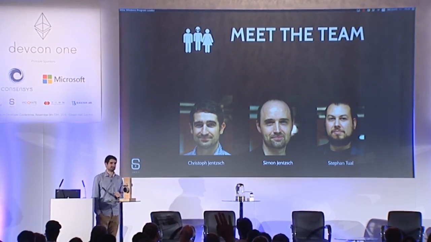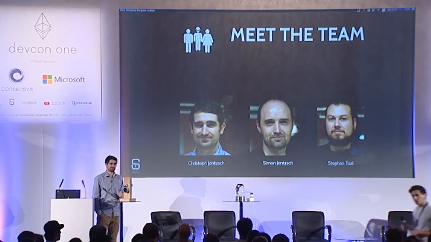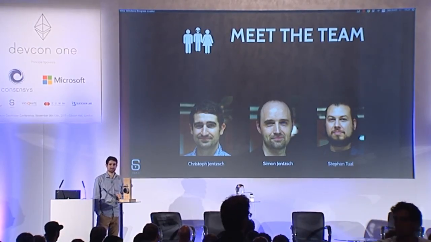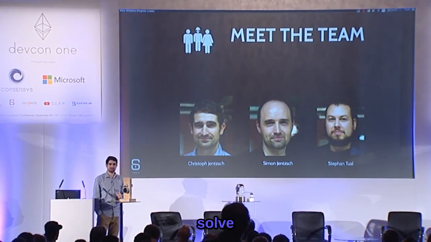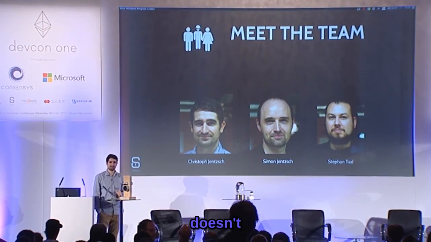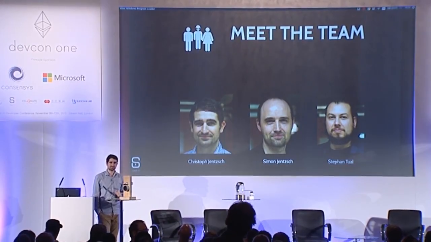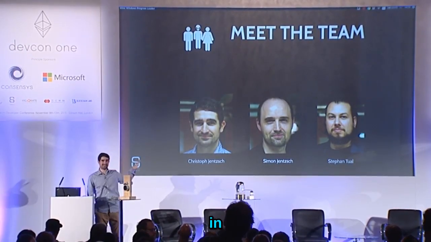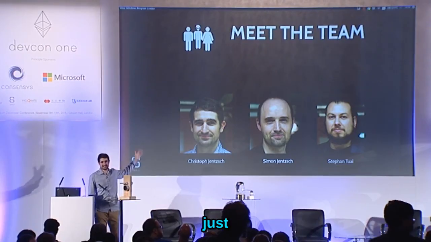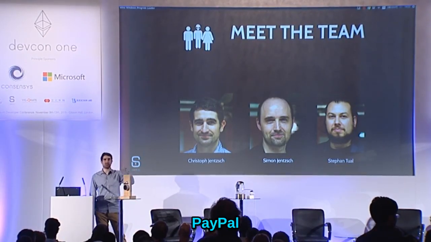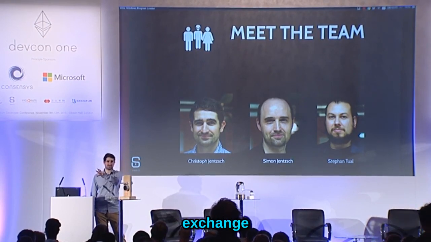Great. How do you plan to solve the problem where the end user that is renting the machine doesn't need to know or understand Ethereum or have any Ether? We try to solve this, of course, in our app. What we saw now is just using Ether. In the future, we are also planning that you can pay with PayPal or credit card, but then you have a centralized exchange in between.